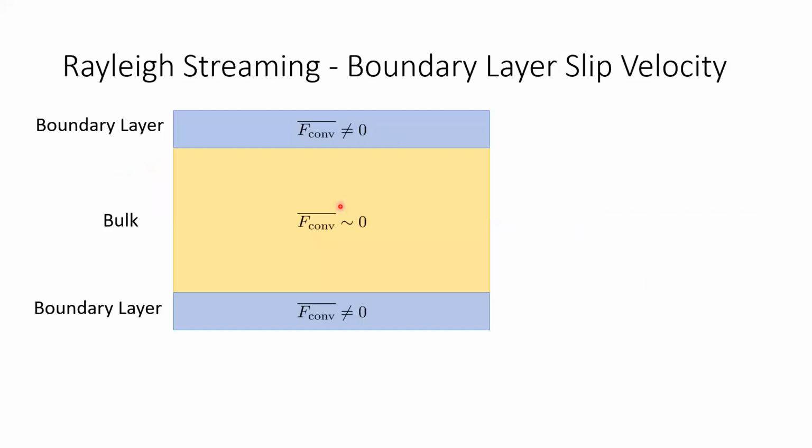Okay, so to see where this comes from, we can divide our system into bulk and boundary layer regions, separated by the strength of the convective force.